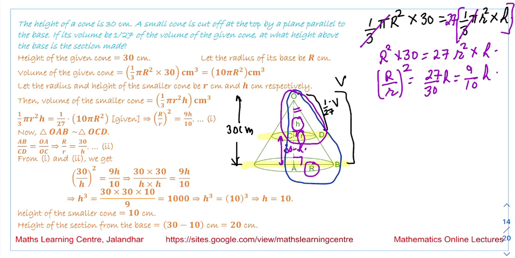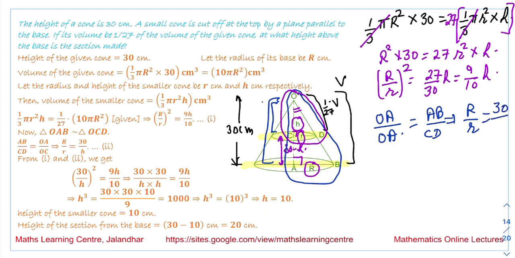So in these two triangles we can write OA over OC, this length OA over this smaller length OC, is equal to AB over CD. So this gives us the value of capital R over small r is equal to 30 over h.